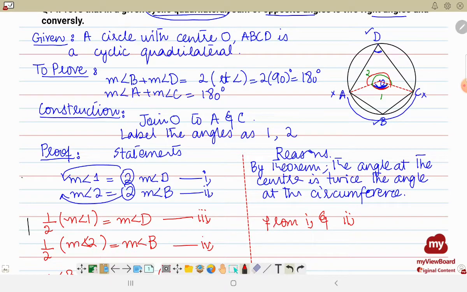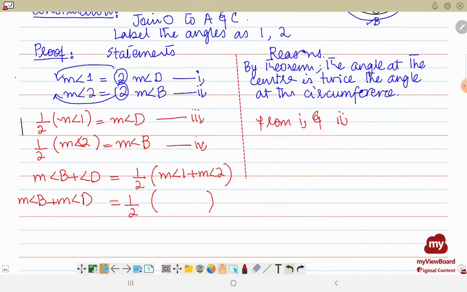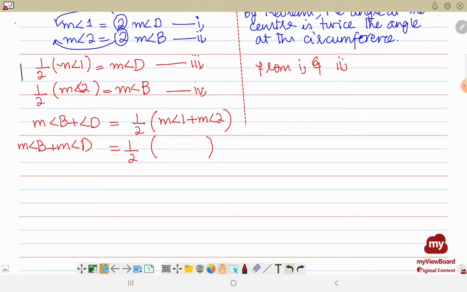It is a complete central angle, and the complete central angle is 360 degrees, right? The complete circular angle. So instead of measure angle 1 and 2, we can write 360 degrees. And 360 divided by 2 is 180 degrees. So measure angle B plus measure angle D is equal to 180 degrees.